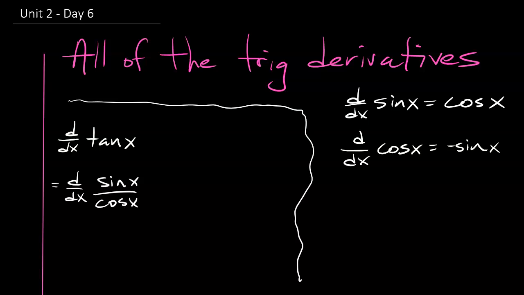And if you write tangent as sine over cosine, then that's a quotient, so we can use the quotient rule to find this derivative.